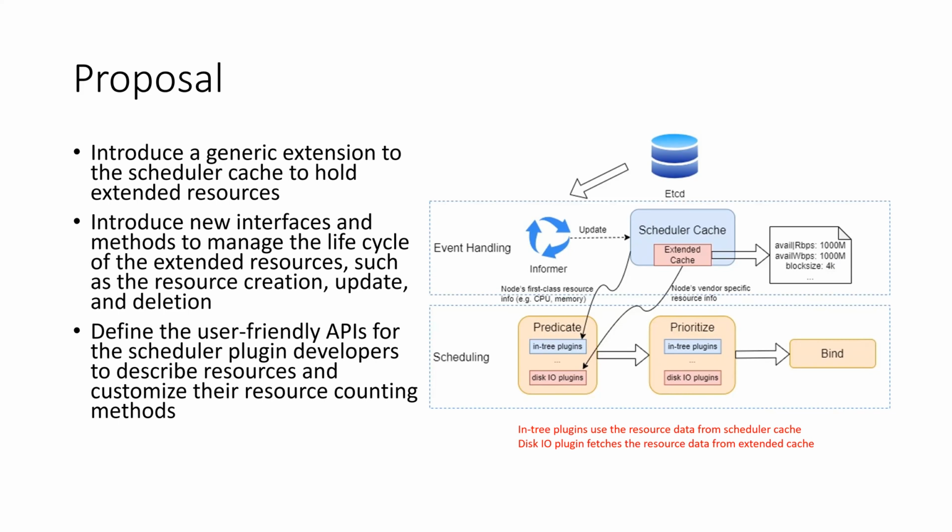As a result, some new interfaces and APIs are supposed to be introduced to describe the resource, customize the resource accounting methods, and also manage the life cycle of the extended resource.